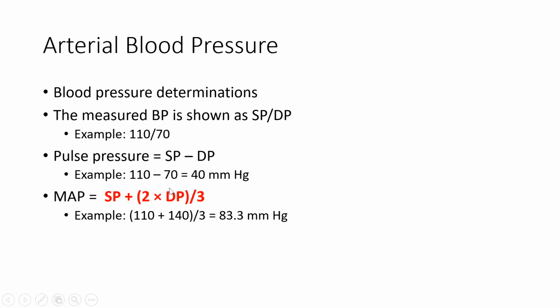Let's say this was about 20. And so when we measure our pulse pressure with a diastolic pressure of 20, it's going to be a really high number, right? It's going to be about 90 millimeters of mercury. And so that's going to tell us the higher our pulse pressure, the more stiff our arteries are, right? The less recoil, the less elasticity that those arteries have. And so the pulse pressure is another meaningful number as far as telling us about the givability, the elasticity, or the stiffness of our arteries.